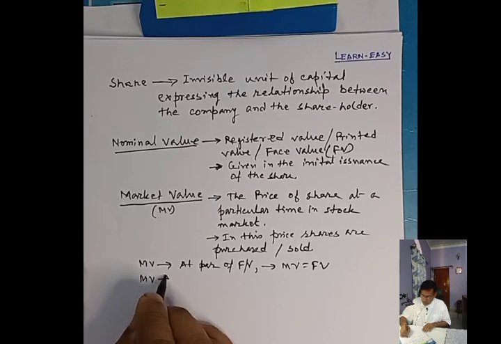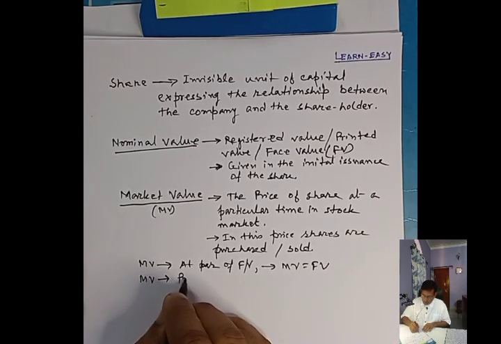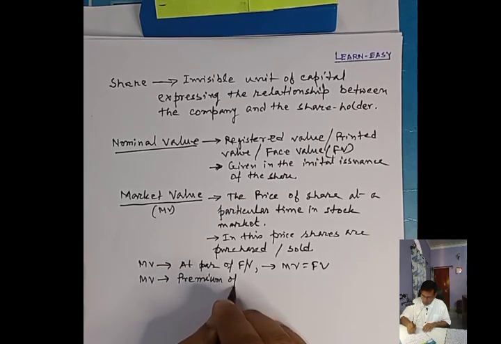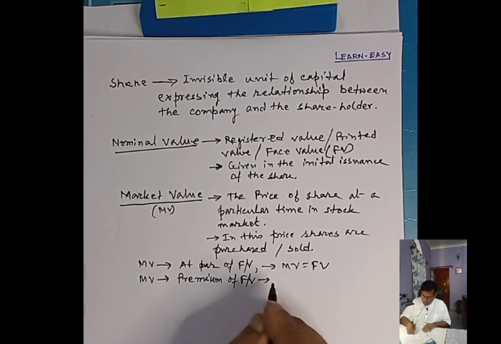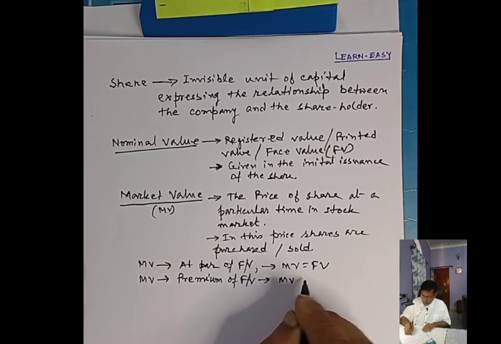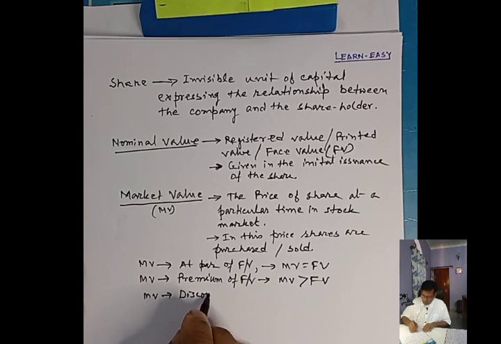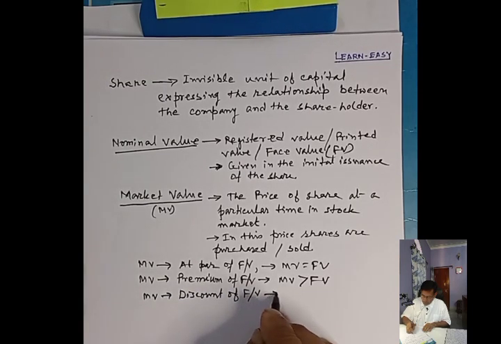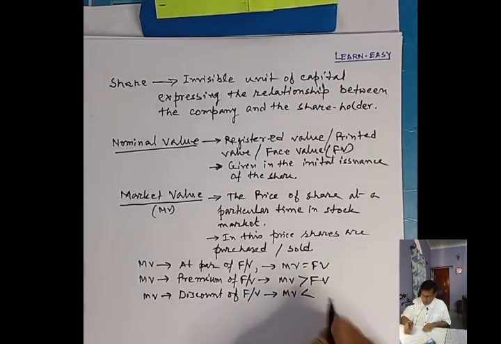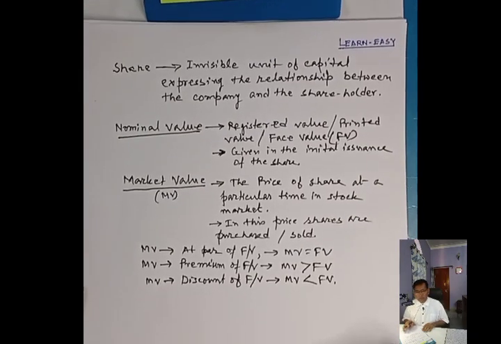Market value may be premium of face value. In that condition, MV is greater than FV. Market value may be discount of face value, where MV is less than FV. That means market value is less than face value.